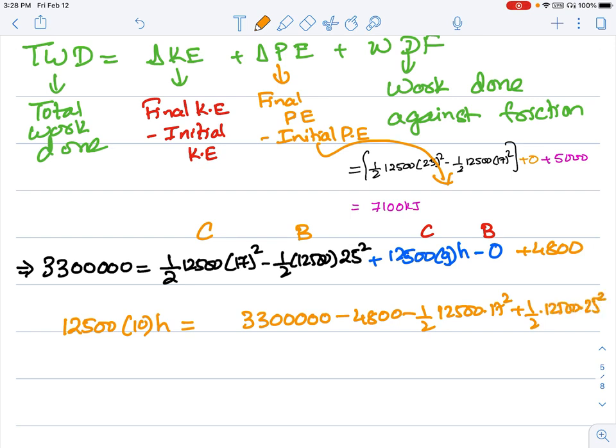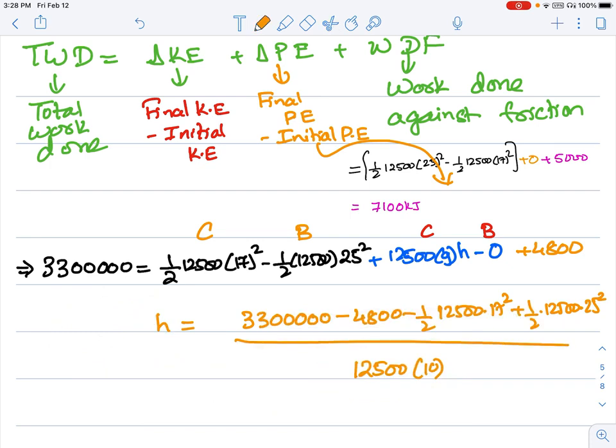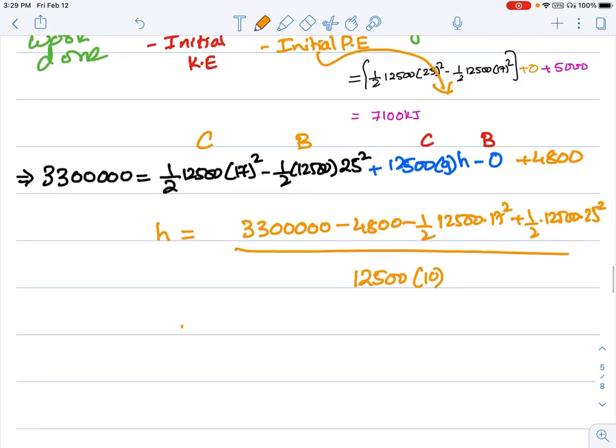So let me do that on the calculator: 3,300,000 minus 4,800 minus 0.5 times 12,500 times 17 squared minus 0.5 times 12,500 times 25 squared, divided by 12,500 times 10. This should give me 24 meters. So h is equal to 24 meters. That's going to be the answer.